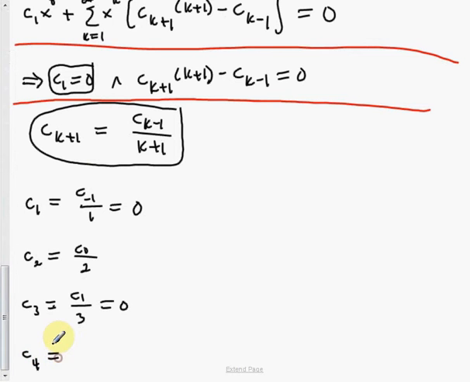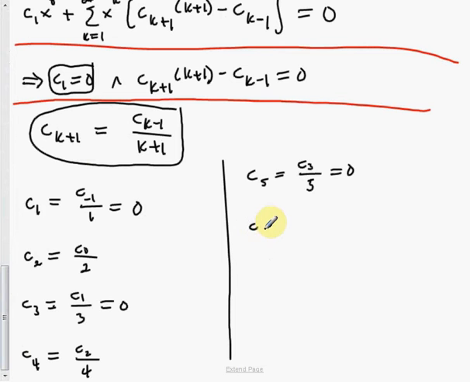c sub 4 is, excuse me, c sub 2 all over 4. c sub 5 is c sub 3 over 5, and c sub 3 is 0. c sub 6 is c sub 4 over 6.